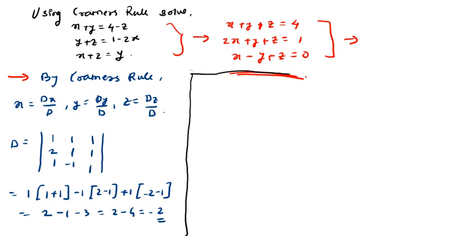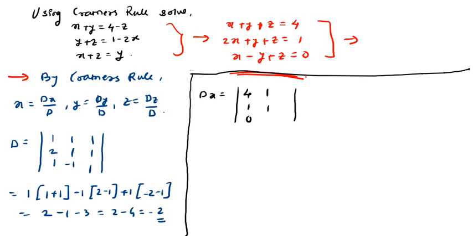dx is the determinant, but instead of the coefficients of x we will write the constants 4, 1 and 0, and the remaining terms will be as they are: 1 1 minus 1, 1 1 1.